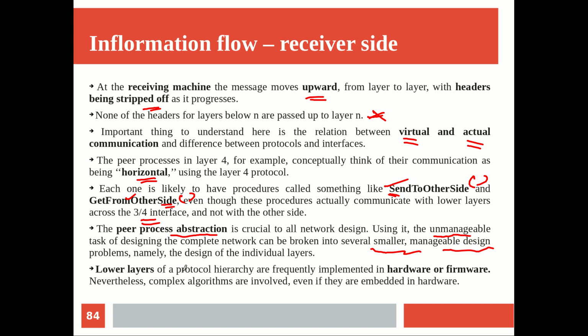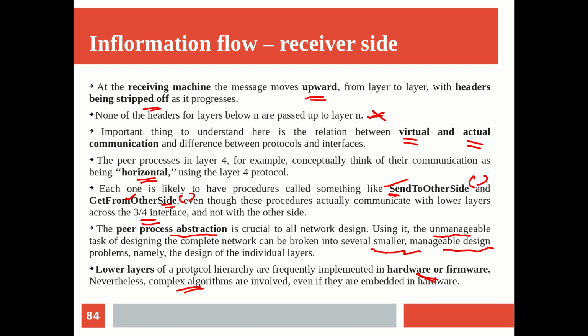The lower layers of the protocol hierarchy are frequently implemented in hardware or firmware. You can note down that normally the lower layers are implemented at the hardware level or firmware, but complex algorithms are of course involved even in the lower layers, like CRC, which is normally done at the data link layer, layer 2.